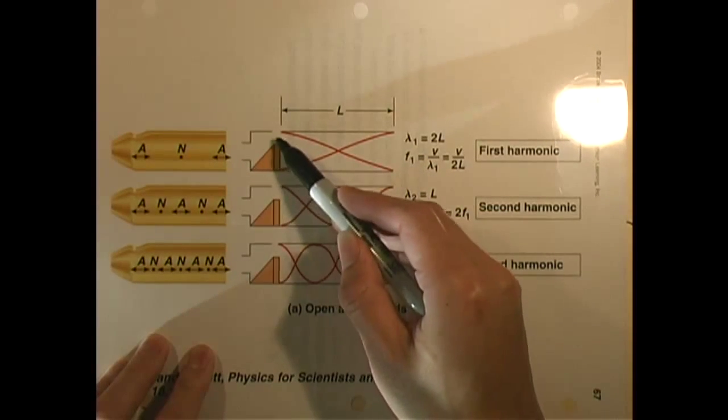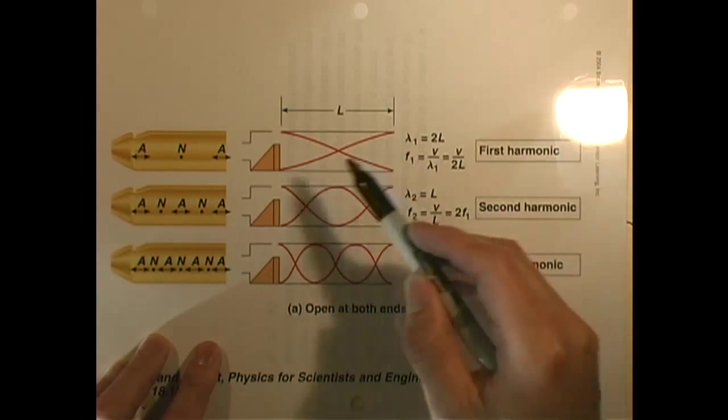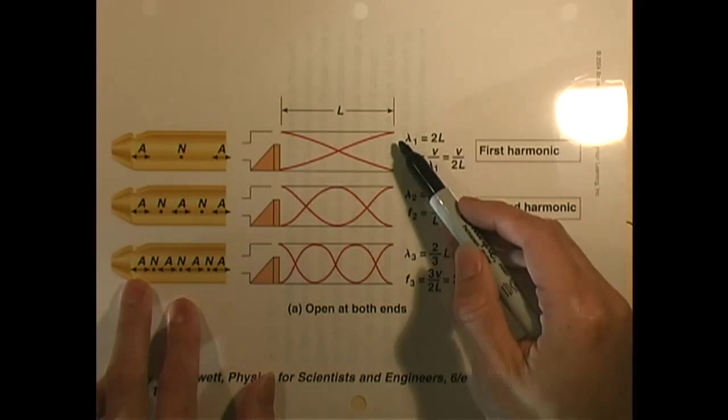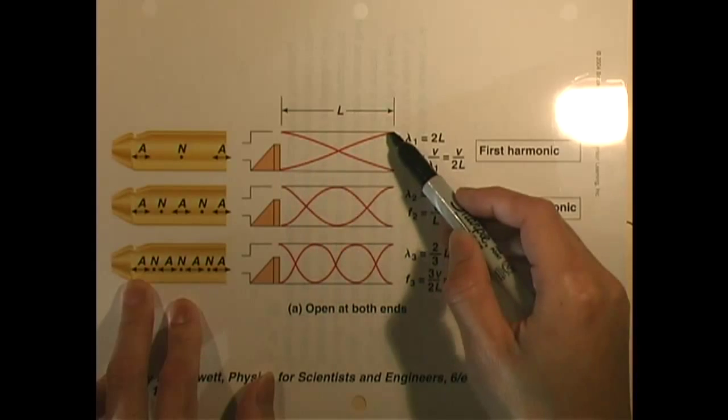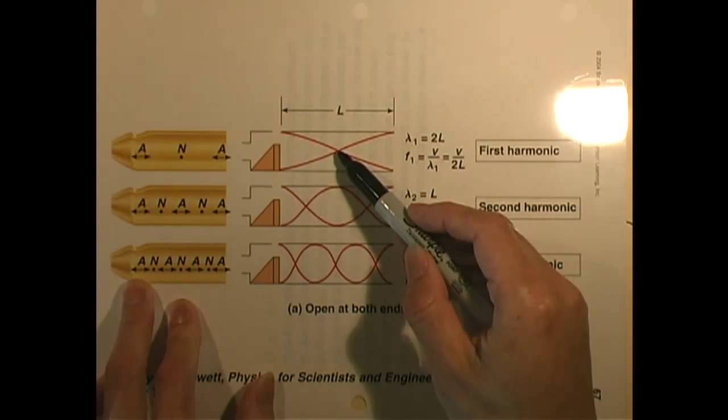But essentially, see, this is open to the outside, right? So this is an open end. This is also an open end. Remember, an open end corresponds to an antinode of displacement. So you must make sure this is an antinode, this is an antinode, right? And how do you draw something like that? Well, this will give you the longest possible loop, right? You get antinode, antinode, of course, there's a node in the middle.